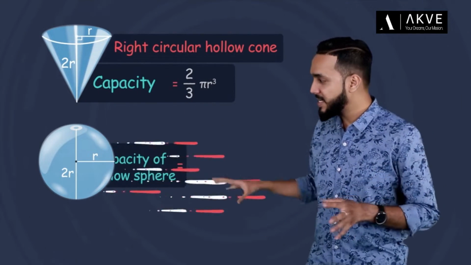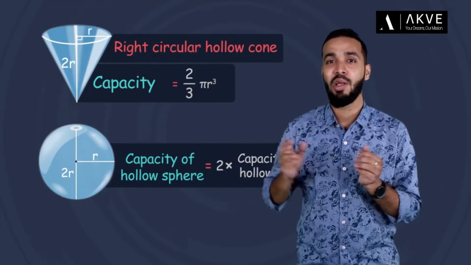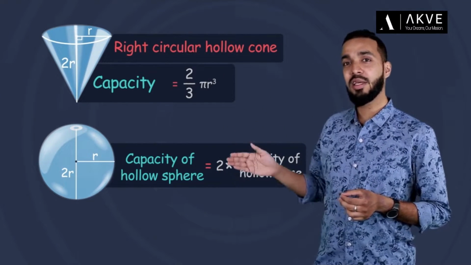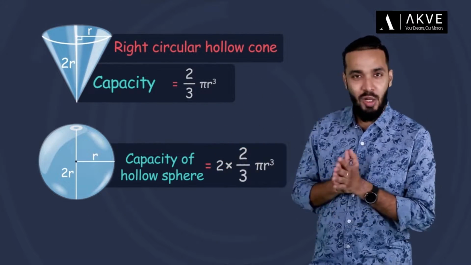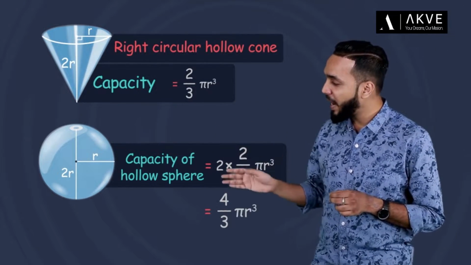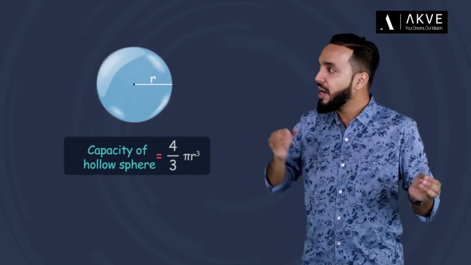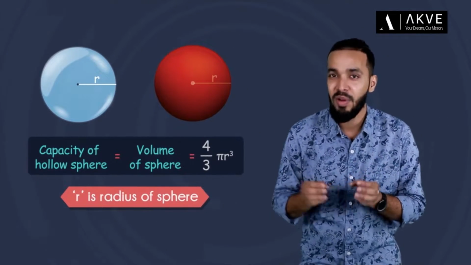Now, the capacity of the sphere being twice the capacity of this hollow cone would be 2 times 2/3 πr³, which just simplifies to 4/3 πr³. So there you have it, the formula for finding the capacity or the volume of a sphere.